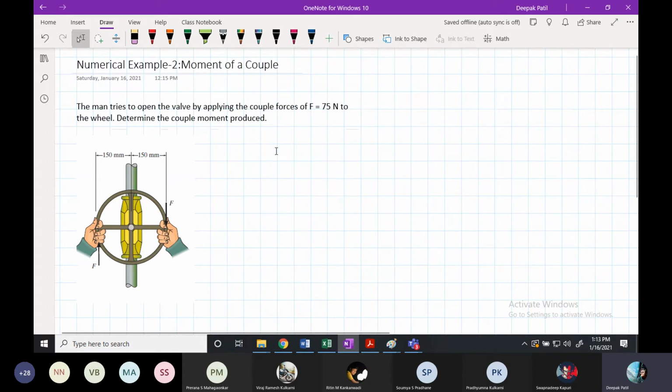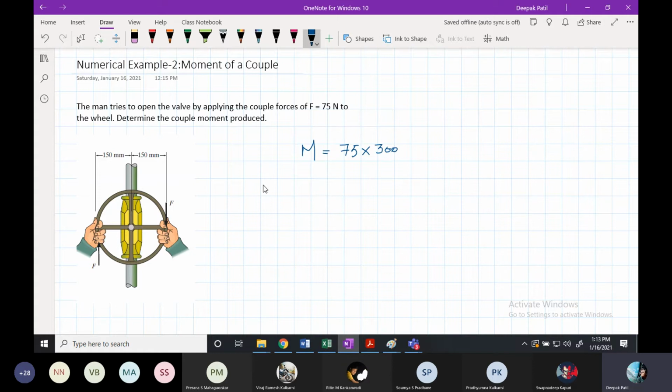Determine the couple moment produced. Now, the couple moment produced is being asked here. It is a very simple thing. So I can write M equal to the magnitude of the force, 75, multiplied by the perpendicular distance, which is 150 plus 150, so it is 300.